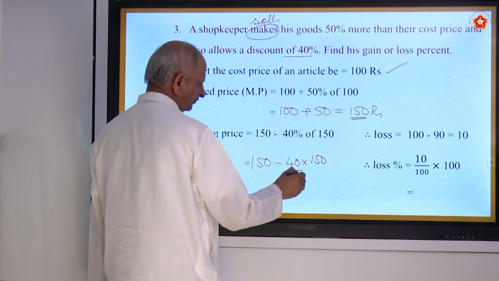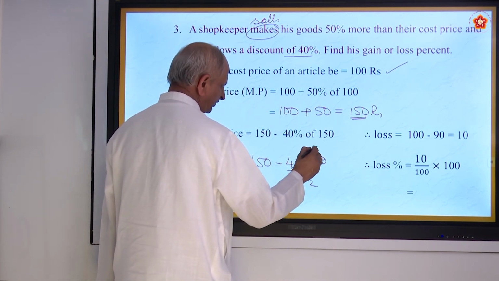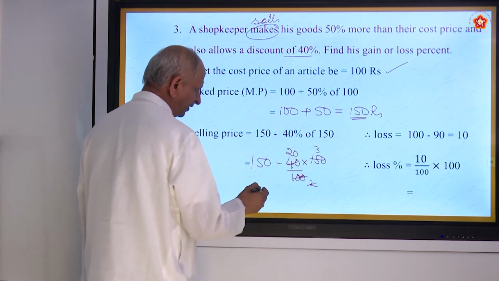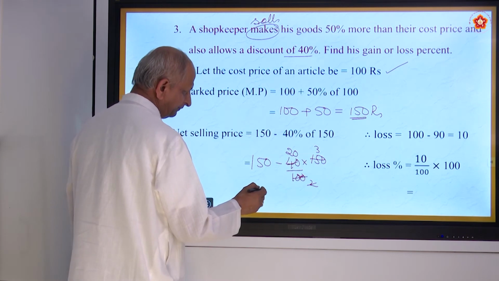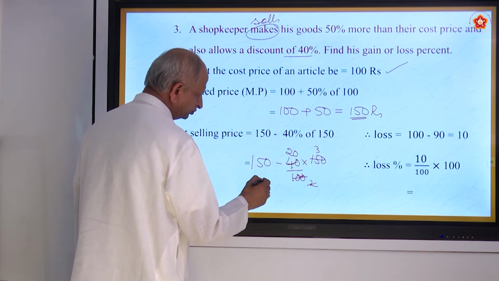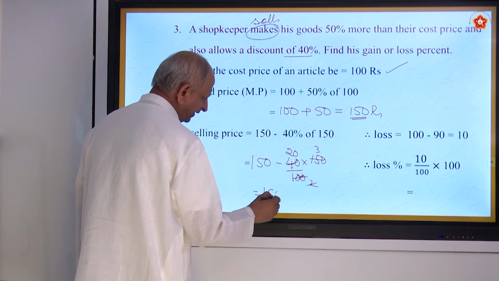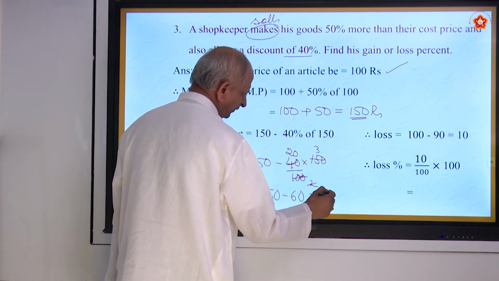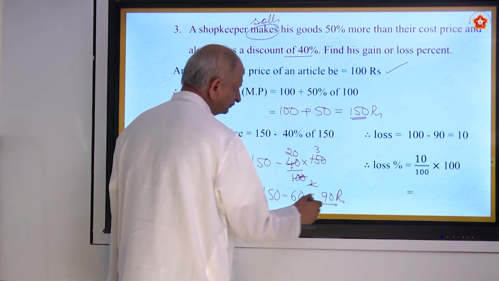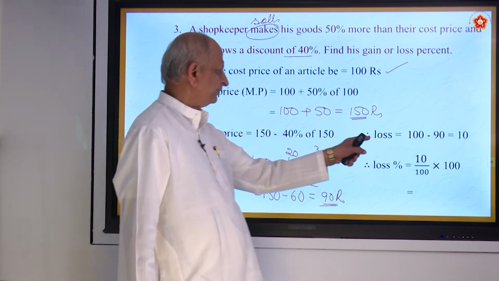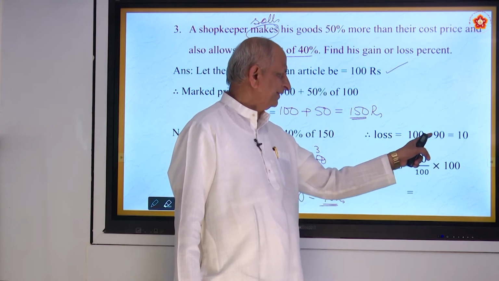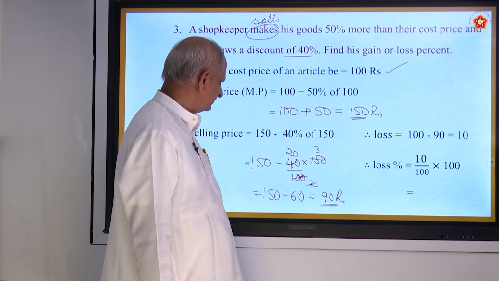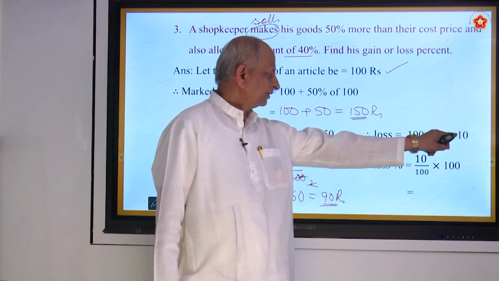40%: it will be 5 twos are 10, 5 threes are 15, 2 ones are 2, 2 20s are 40. 20 into 3, how much? 60. So 150 minus 60, how much does it become? 90 rupees. So the loss becomes 100 minus 90, and that is 10.